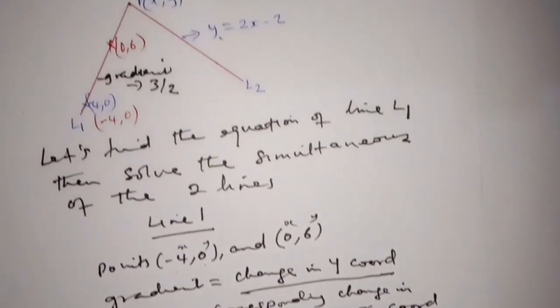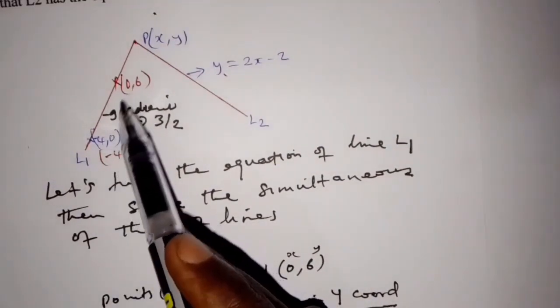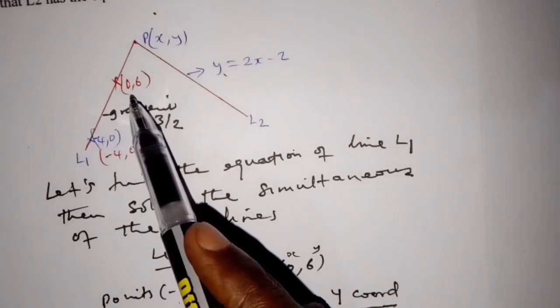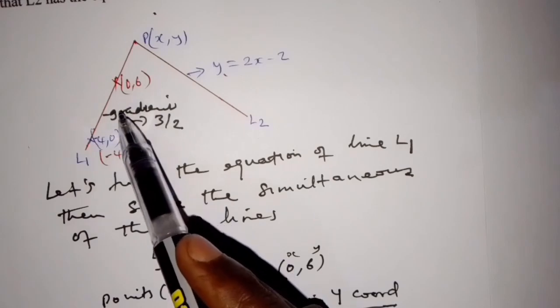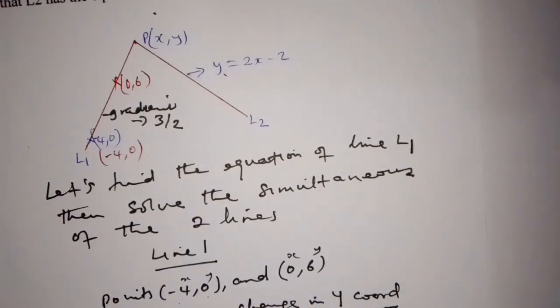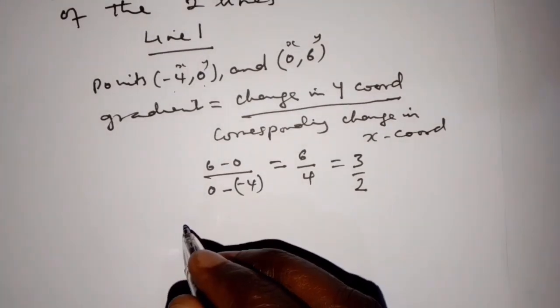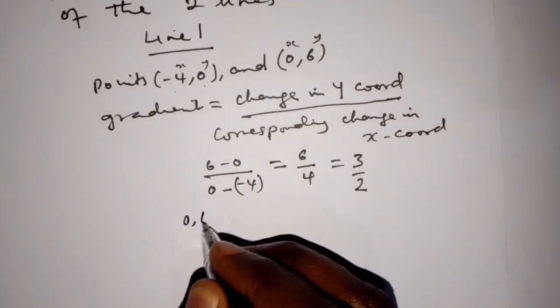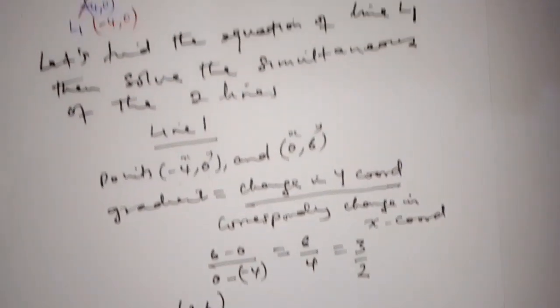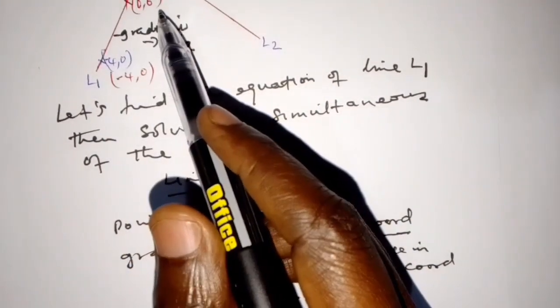We can take one point of this line to help us form an equation for this line. Let's take point 0, 6.